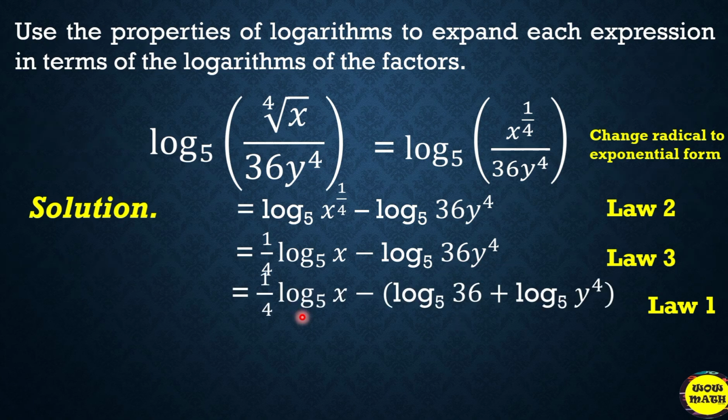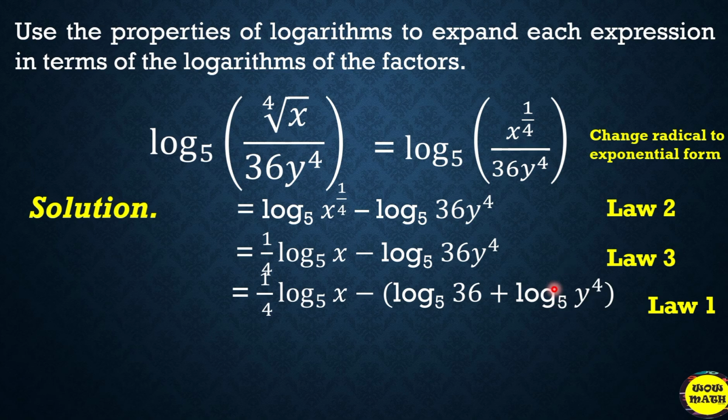So, 1/4 times logarithm of x with base 5 minus, okay, since this is subtraction, so kailangan natin lagyan ng parenthesis para ma-change natin yung sign natin dito. So, expand natin yung expression na yan. So, logarithm of 36 with base 5 plus logarithm of y to the fourth power with base 5.